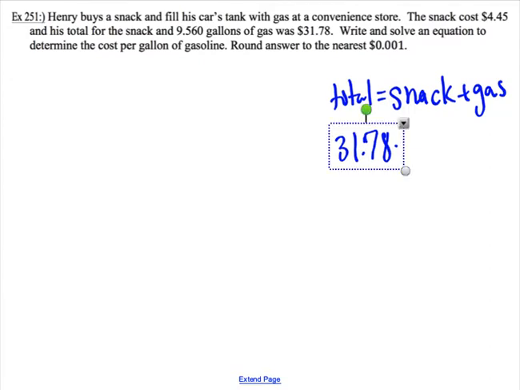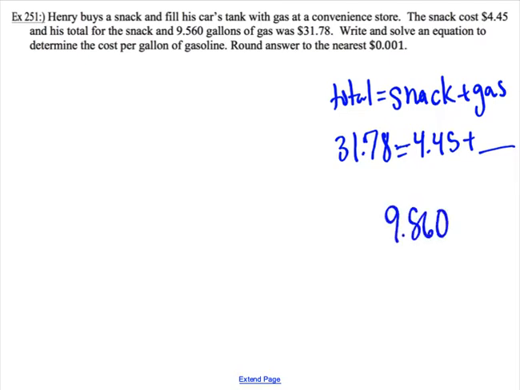The snack is $4.45, and the gas we're going to have to do some figuring on. The gas is 9.560 gallons, and we need to multiply that by the cost per gallon of gasoline, which is going to be our unknown. Let's actually just let it equal X. I guess we could use C.